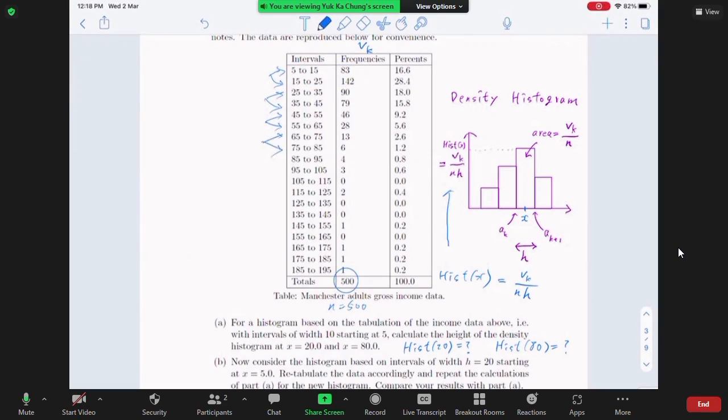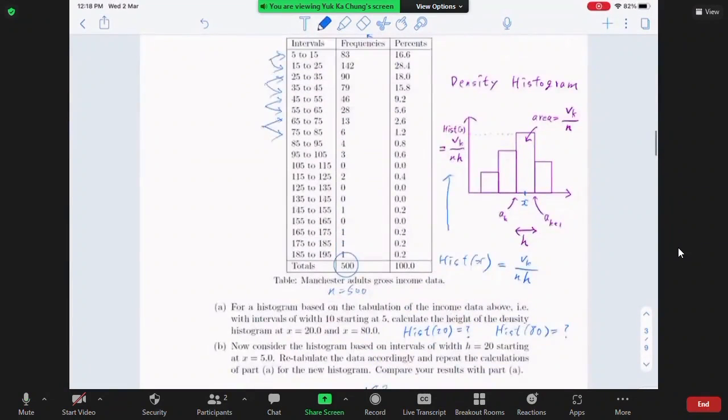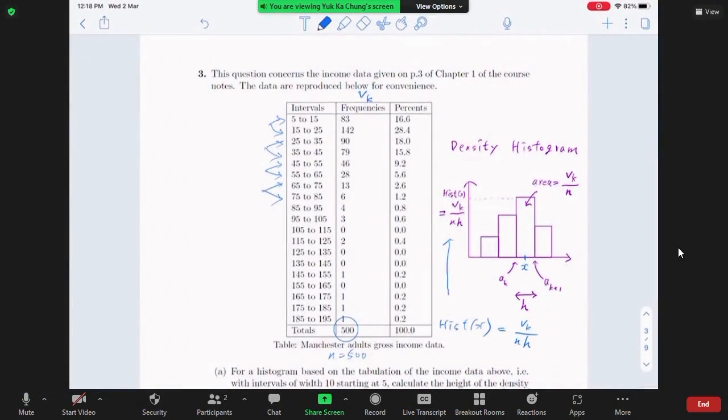After we group the intervals, if you want to locate the interval containing 20 and do the calculation again, what will be the Vk? Since we grouped this interval with this interval, originally 20 is inside this interval, but after we group them together, 20 will belong to this grouped interval.